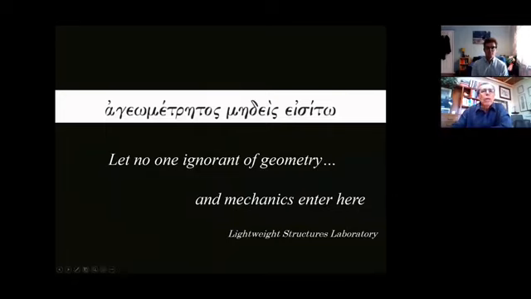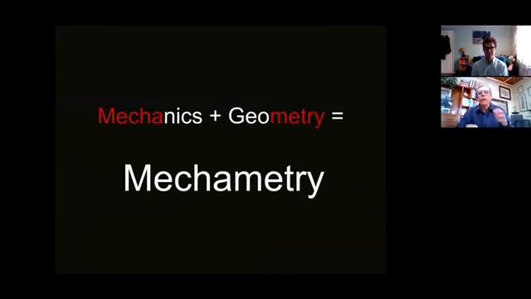You cannot read what you see at the top of this shield. It means let no one ignorant of geometry enter here. We put this shield at the entrance of the laboratory, but we added let no one ignorant of geometry and mechanics enter here. With this, we want to say that it is very important, the form and the force, geometry and mechanics.